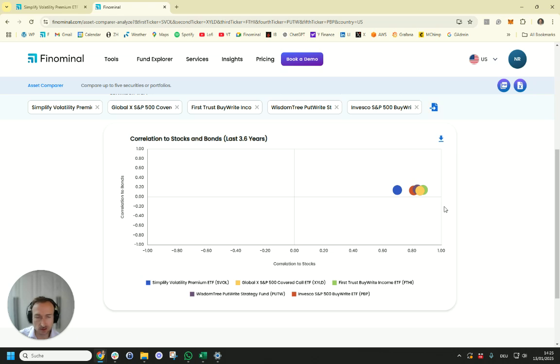We've taken the S&P 500, and you can see that these 4 peers are much more correlated to the stock market than SVOL. That's great for SVOL because it aims to be an alternative source of income, and you can substantiate that with its lower correlation to the stock market than these other strategies. Stated differently, SVOL will provide high diversification benefits.